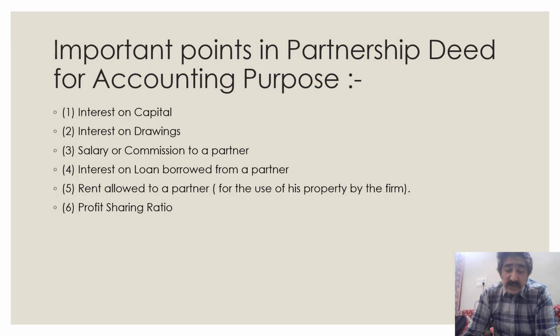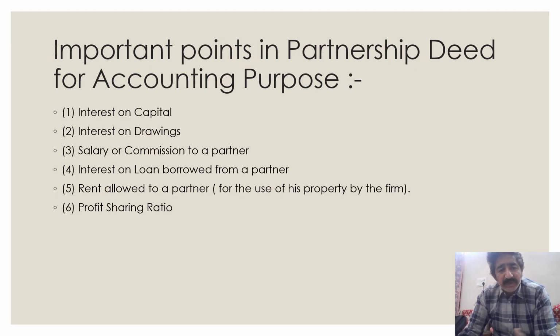Okay, this again is a compulsory payment. The partnership firm will have to pay this rent to the partner every year, whether the firm has loss or profit. In the case of profit, the rent will be given. In the case of loss also, if during a particular year the firm suffered a loss, at the end of that year also, rent will be paid for that year to the partner.